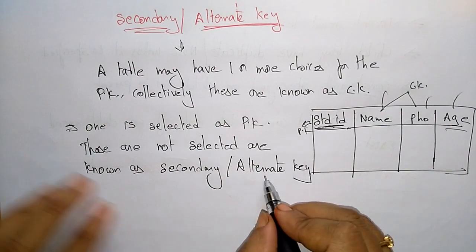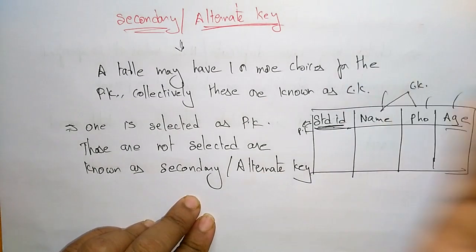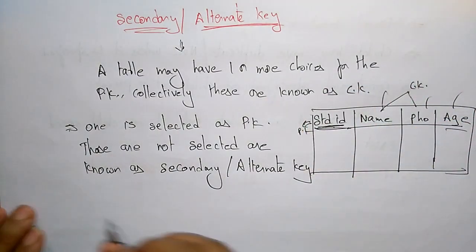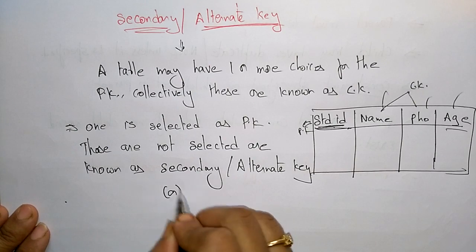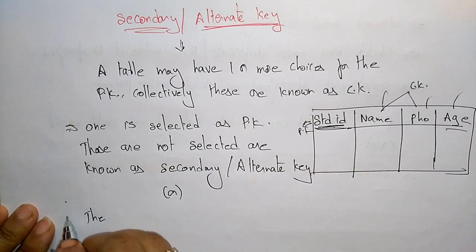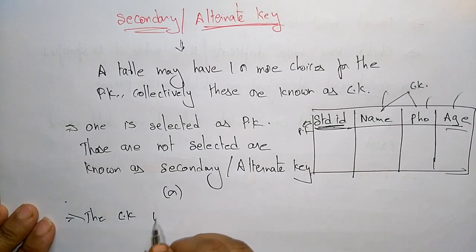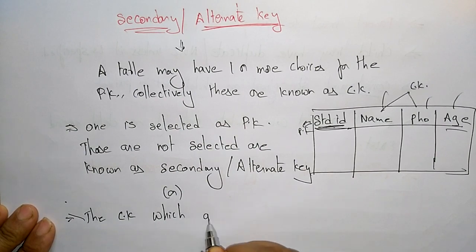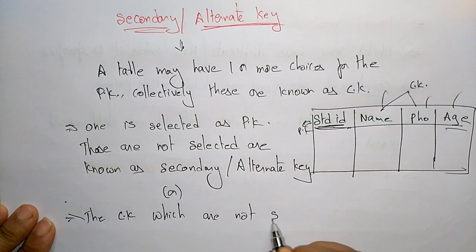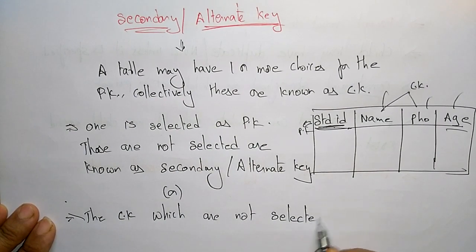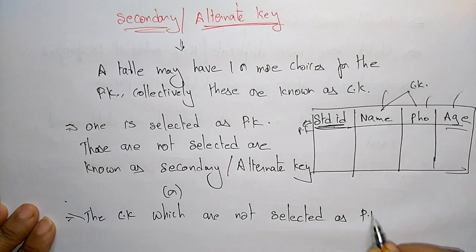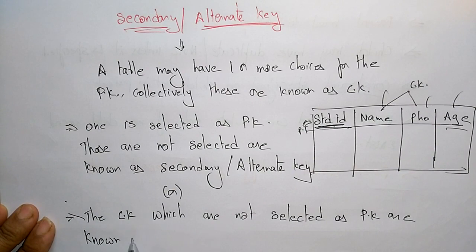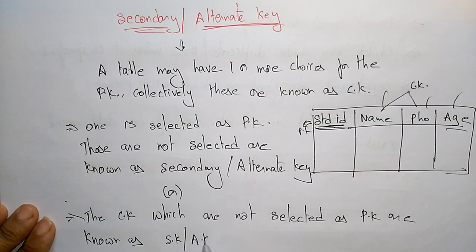So the name itself is saying alternate, other than the key, the remaining attributes are the secondary keys or the alternate keys. Or you can also call it as the candidate key which are not selected as primary key or known as secondary key or alternate key.